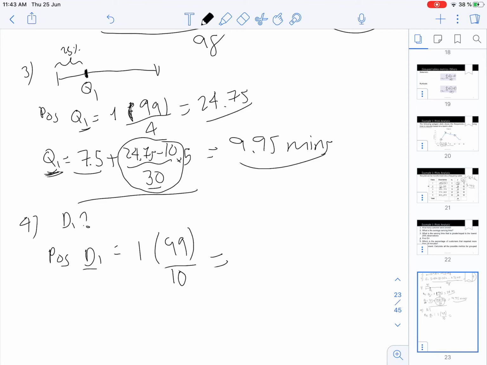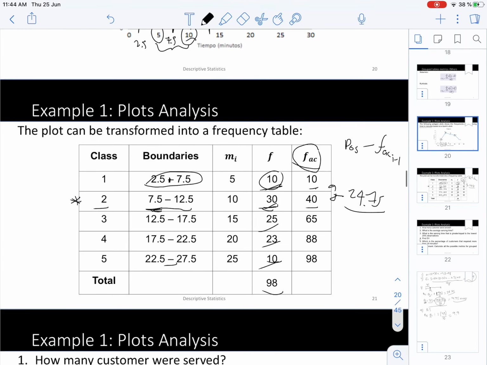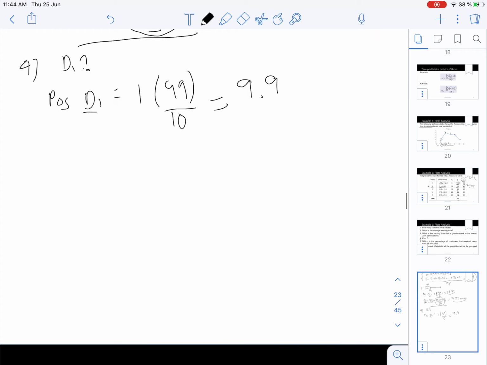So let's compute that position. That's position 9.9. So let's check where that position is located in our table. Since the cumulative of the first one is 10, then the first 10 positions are in the first class. Thus, position 9.9 is in the first class, right?